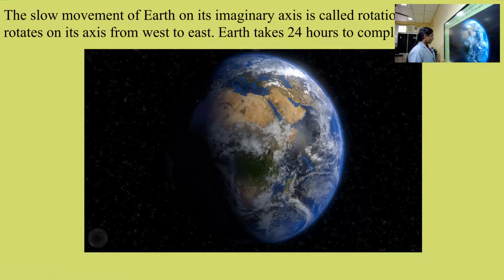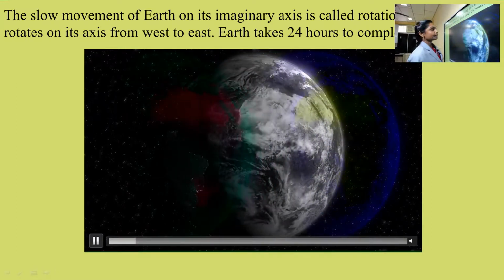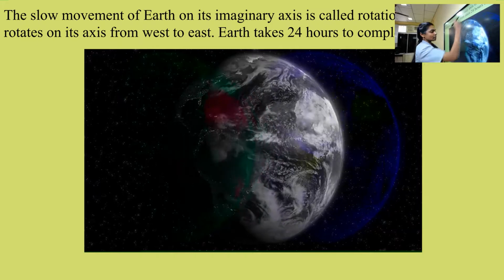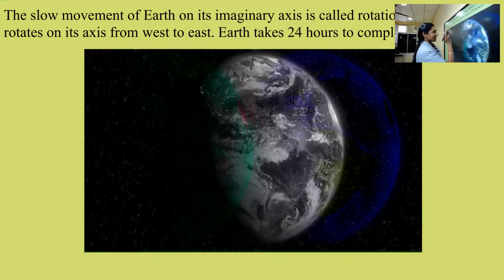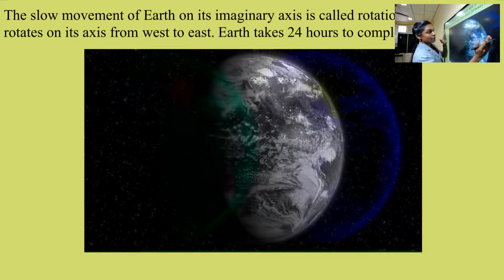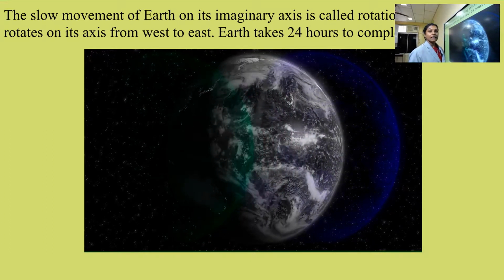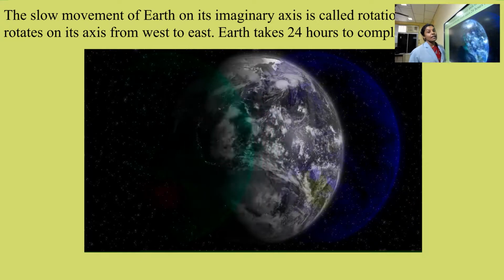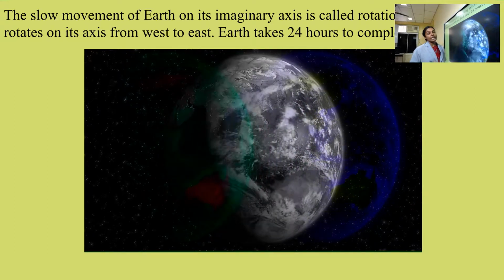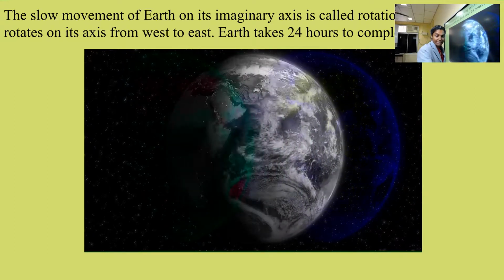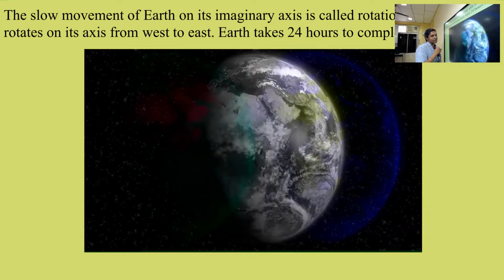So it is moving. So spinning of the Earth from west towards the east. And this is the reason why we consider that the sun rises in the east and sets in the west.